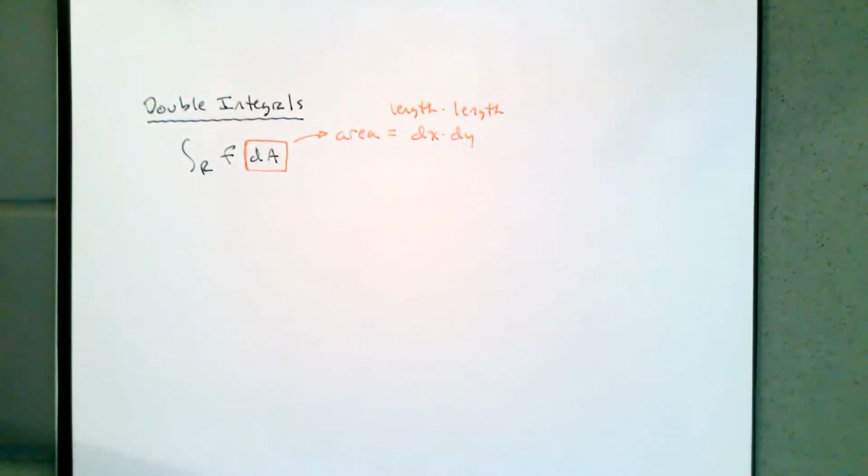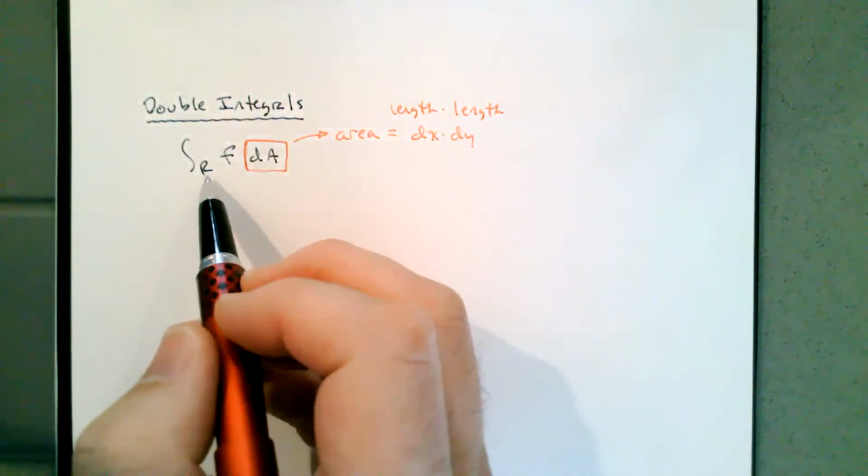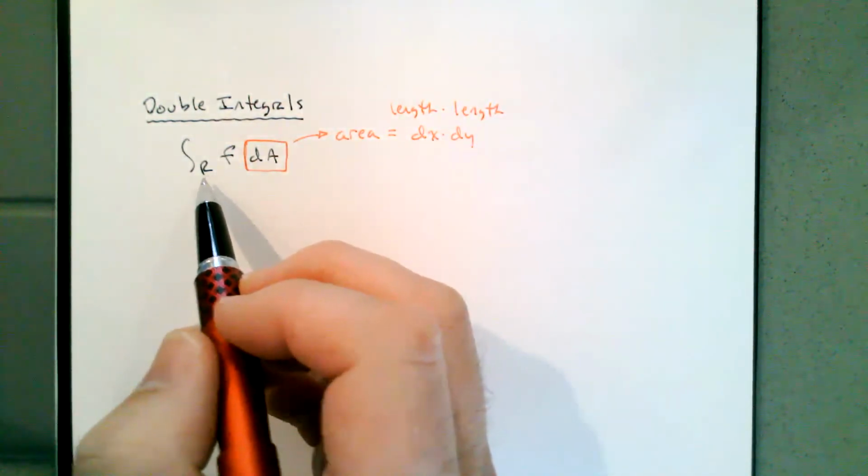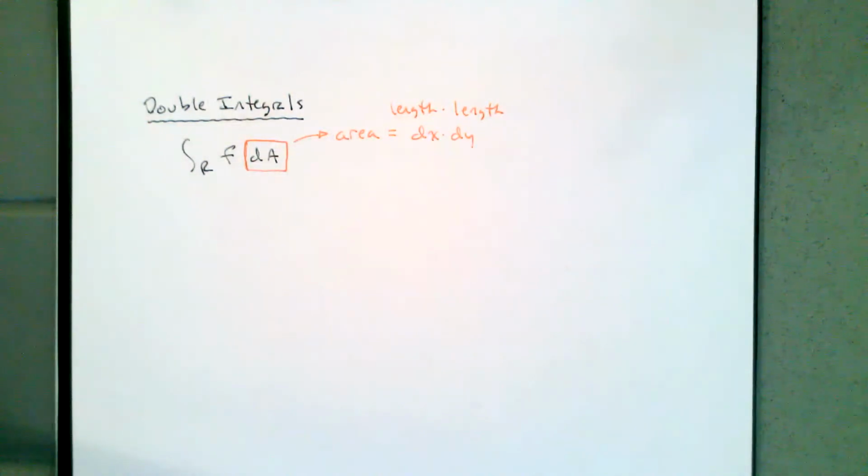So the dx, a small change in x, is a length, and the dy, a small change in y, is a length. So when I put them together, dx dy, I end up with an area, because I have a length times a length. So for a function of x and y, that's no problem. Then we just have to describe r by saying what's x between and what's y between, and those are the values that we plug into the function.